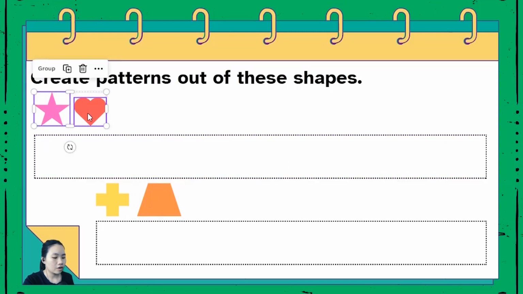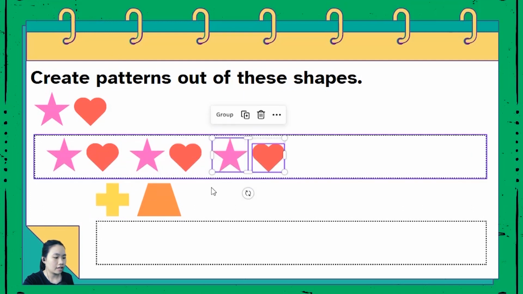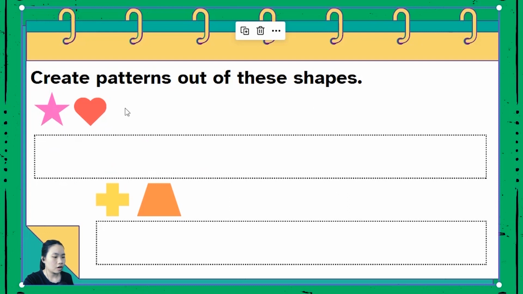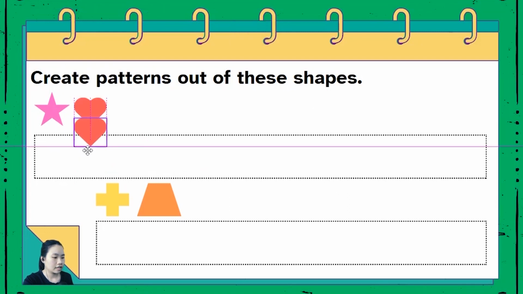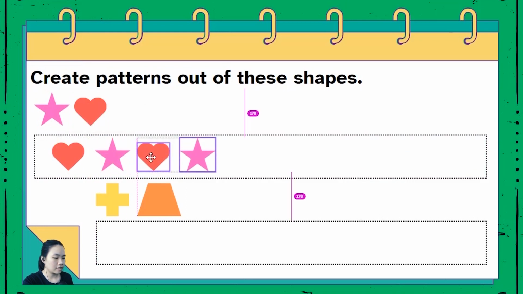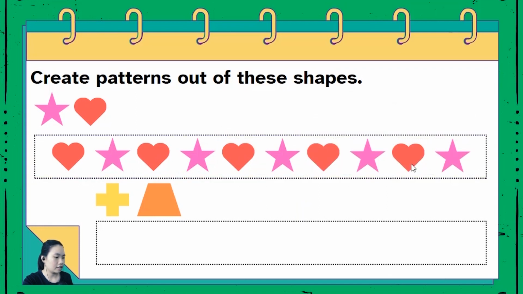Now, you can either go star and heart, star and heart, and star and heart, or you can go heart and then star. Okay, so I'm gonna copy and paste these: heart and star, heart and star, heart and star, and heart and star. Now let's mark them with numbers.